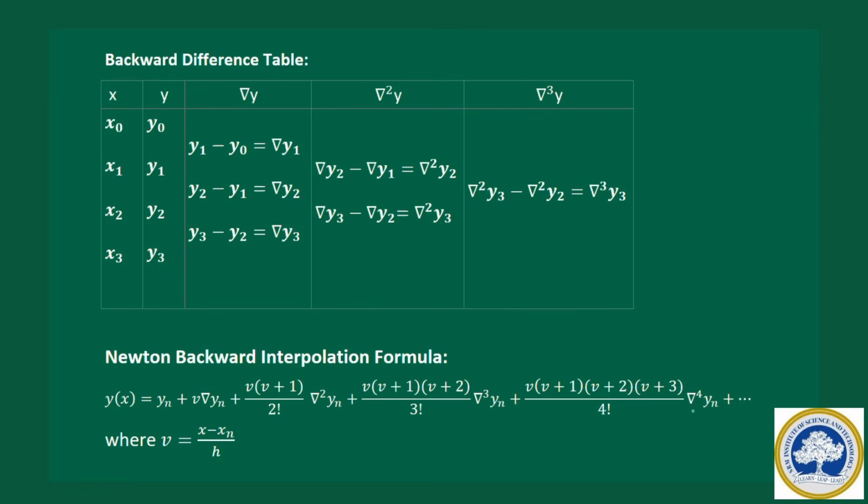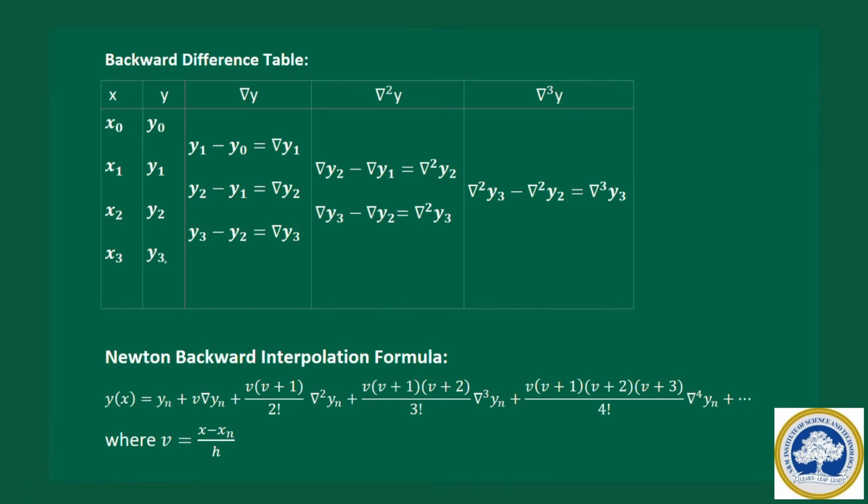See here, del cube yn, del power 4 yn, it goes on like this, where v is equal to x minus xn by h. Here again h is the equal interval length, and xn is the last value of the data of x, and x will be given in the question itself, right? And then delta yn is nothing but the last value of the difference table.